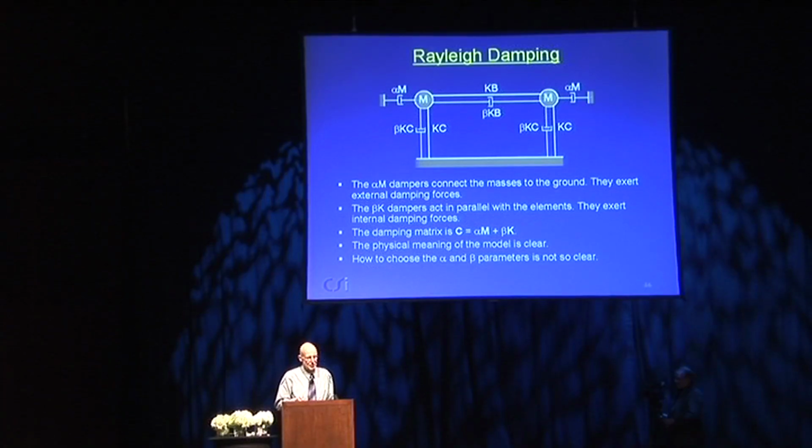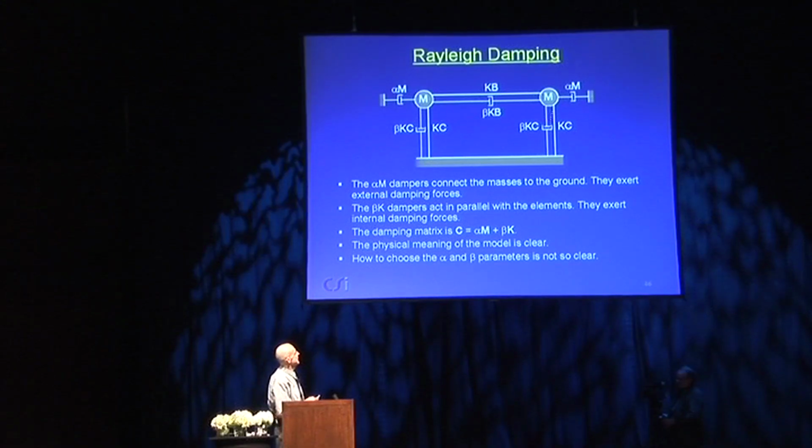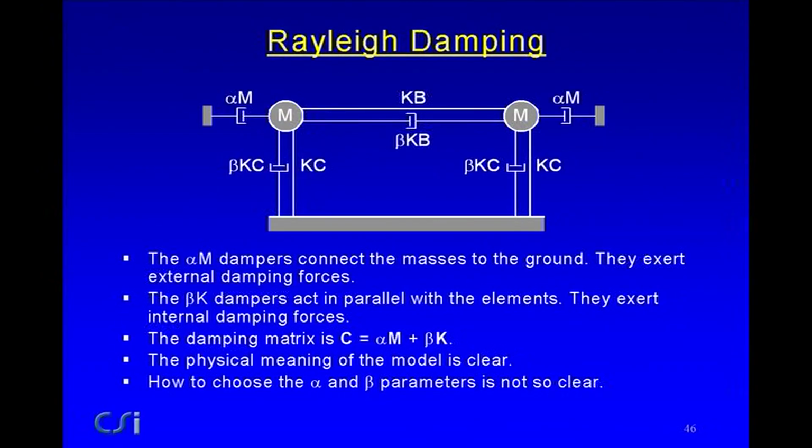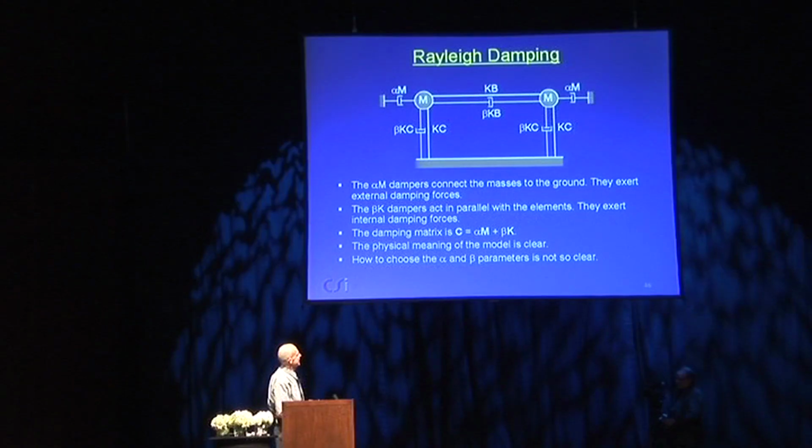And that's a stiffness-dependent portion. In addition, there's a mass-dependent portion that says that every mass has attached to it a damper with a value alpha times that mass, and that's connected to the ground. This is all the ground, so it exerts forces on the structure. So the damping matrix is alpha times the mass matrix plus beta times the stiffness matrix.